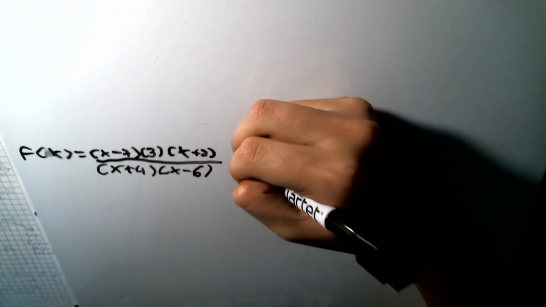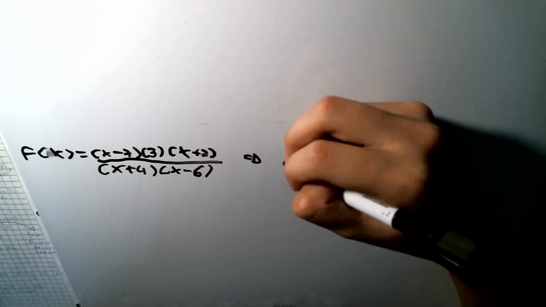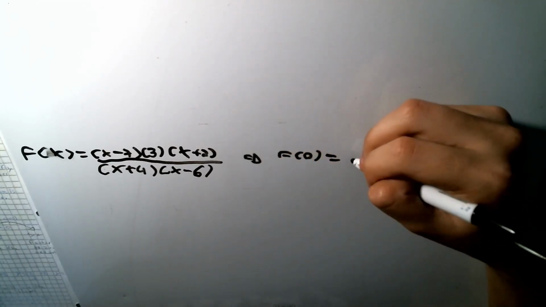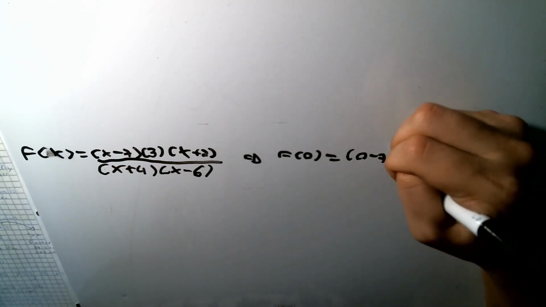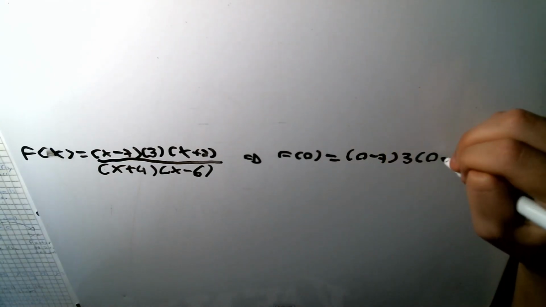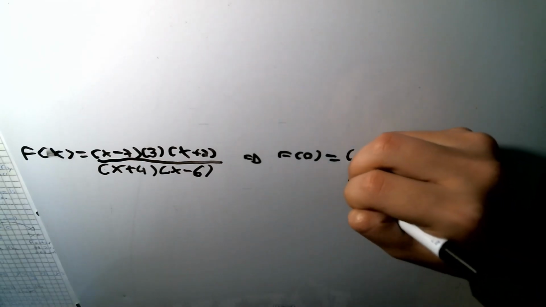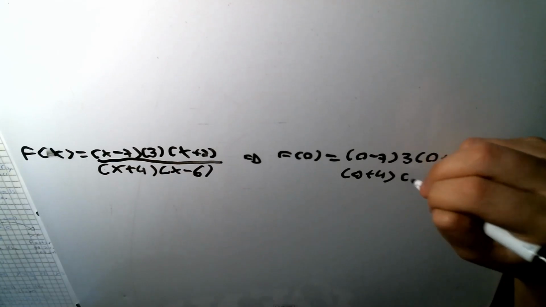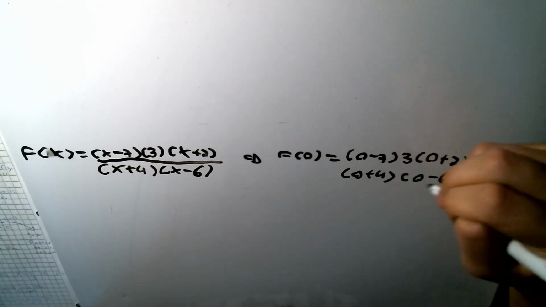We have this and it turns into f of 0 equals 0 minus 7 multiplied by 3 multiplied by 0 plus 2, divided by 0 plus 4 multiplied by 0 minus 6.